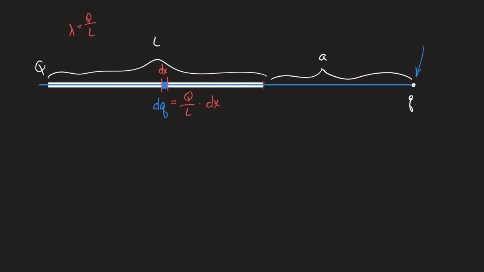Now, don't choose an arbitrary variable here. We said the piece was dx thick or dx wide. We did that purposefully so that we could point to it using a variable that was reflective of the width of the piece. So I'm going to say this piece is located a distance x away, one dimension. It's located on a number line.